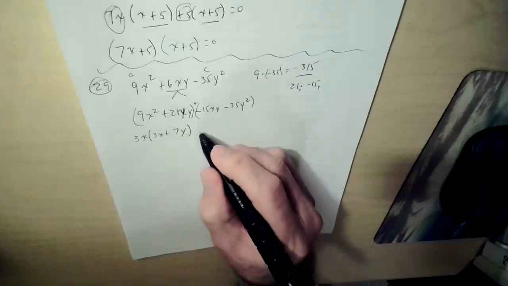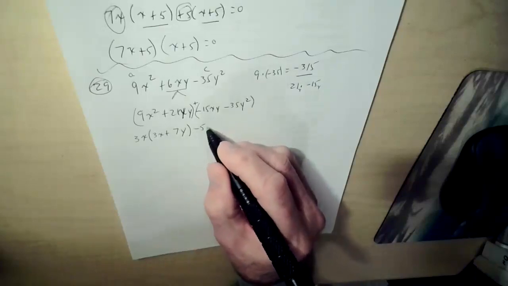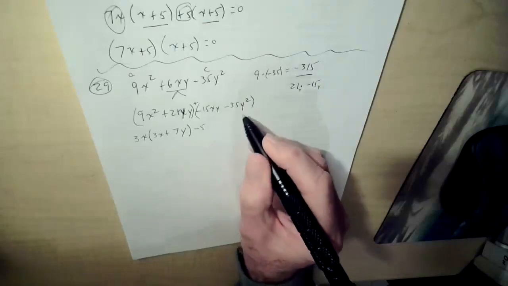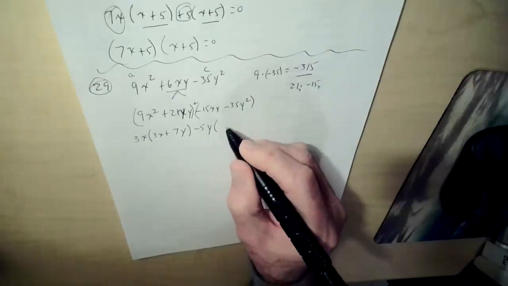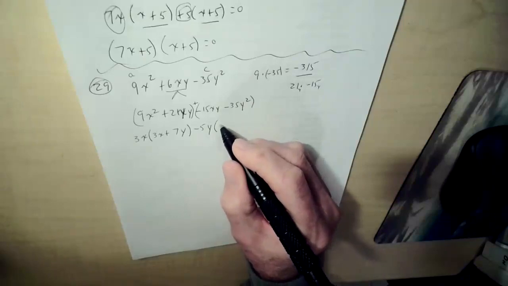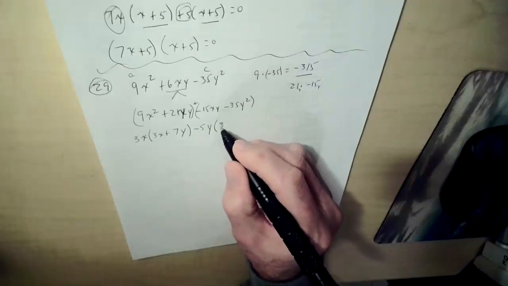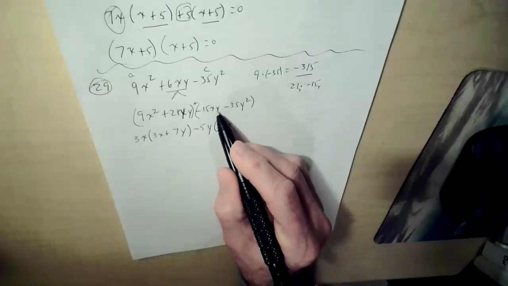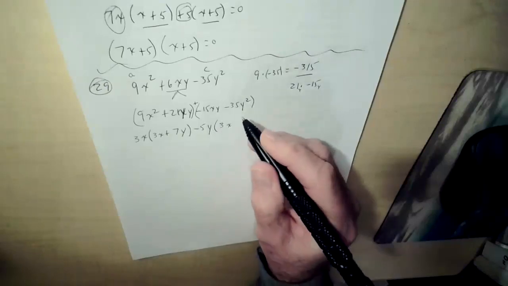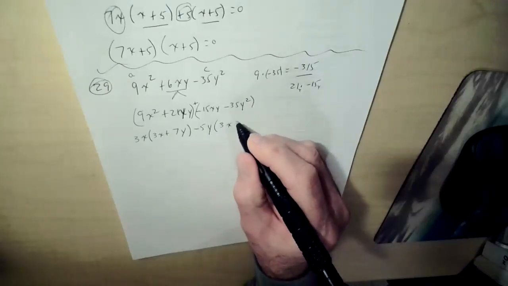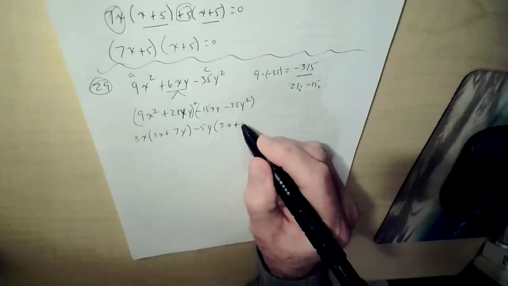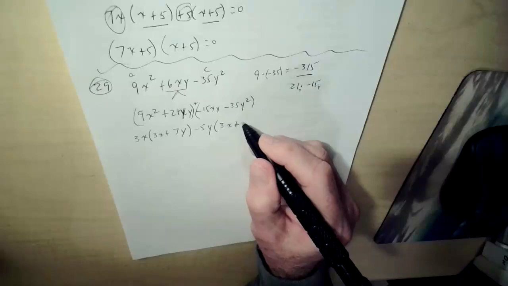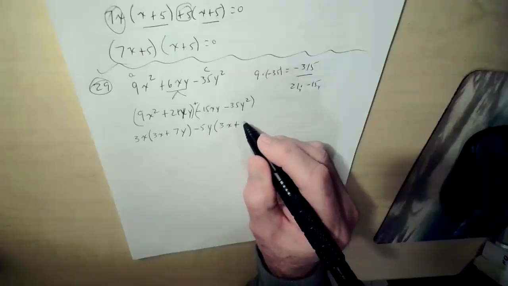Now, what can we factor out of here? Negative 5. Negative 5y, because there's a y in each one of these terms. And what is that going to be? 3 and the x. We factored out the y. 3x plus, okay, negative times a negative is a positive.